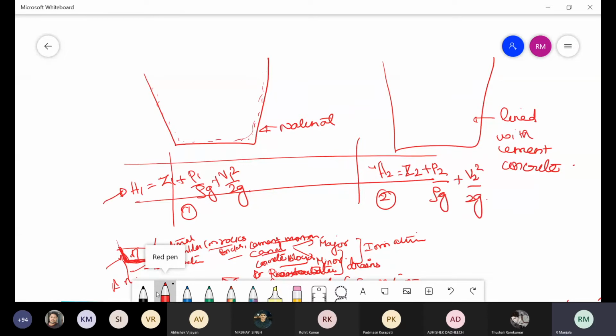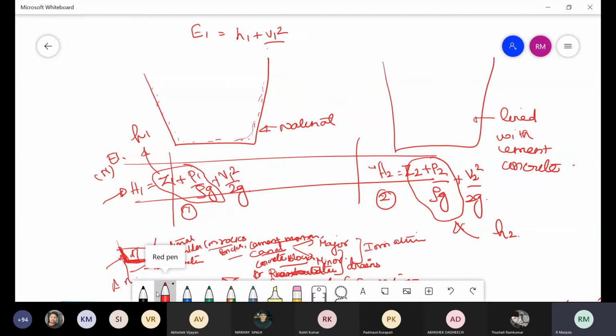It could be either H1 or E1. Sometimes this Z plus P1 by rho g is replaced by the hydraulic gradient, small h1, and similarly this is replaced by small h2. So I can say E1 is equal to h1 plus V1 square by 2g, E2 is equal to h2 plus V2 square by 2g. Am I right?